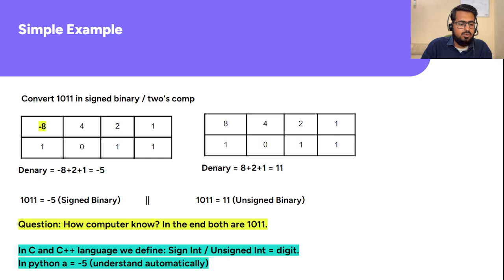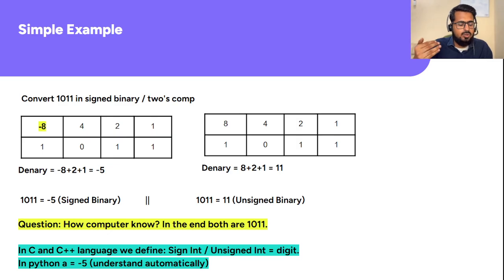Now the question is, if in the end both are 1011, how does the computer understand it? That's a curious question, and I'm giving you this extra information out of your syllabus. In previous languages like C or C++, when we define an integer, we define whether it's signed or unsigned.